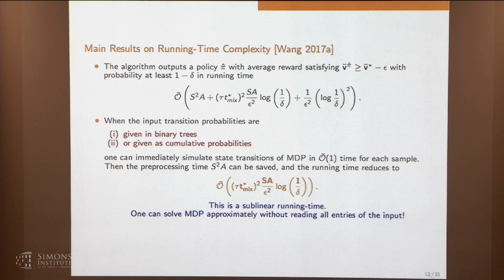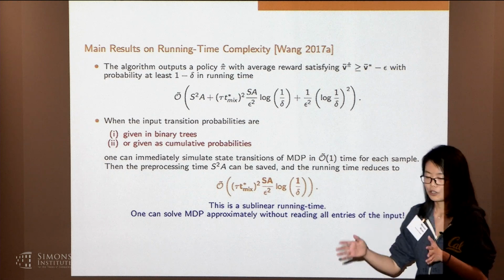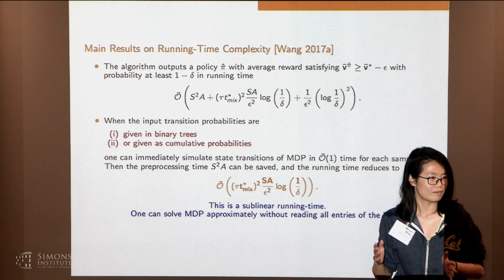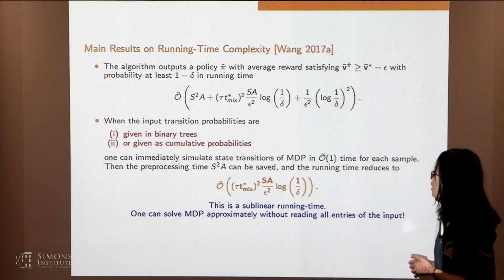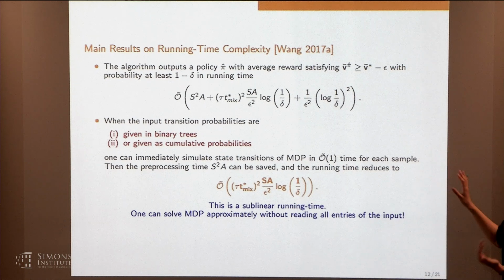So what I care about is, can I generate state transitions in O(1) time? This is doable as long as we pre-process the data. For example, we can pre-process my distribution vectors into a binary tree so I can sample them using log n time. So that will be enough.